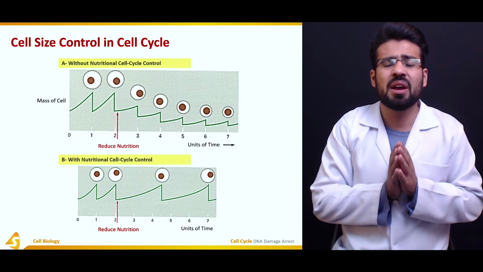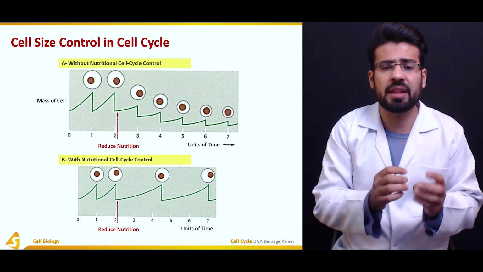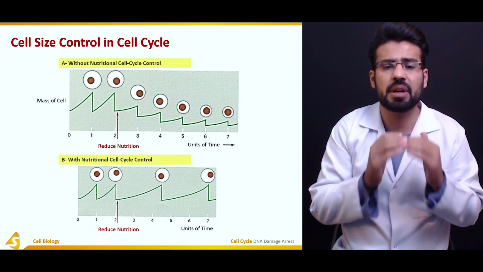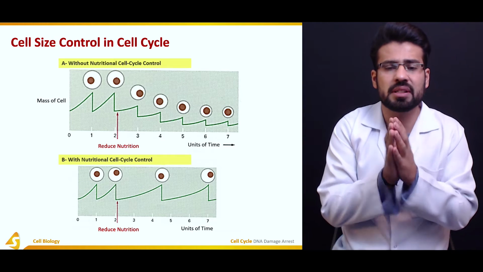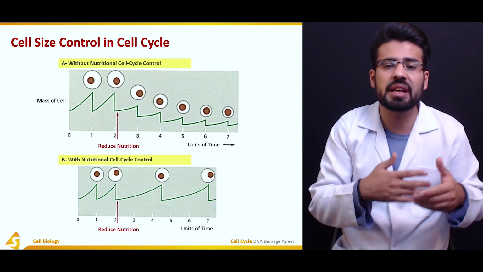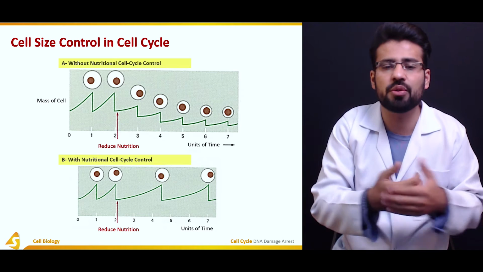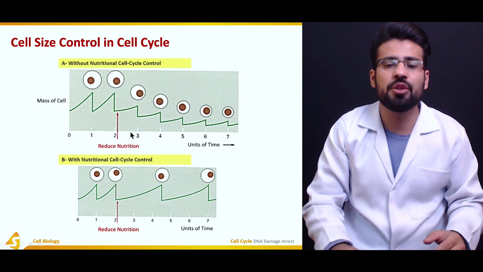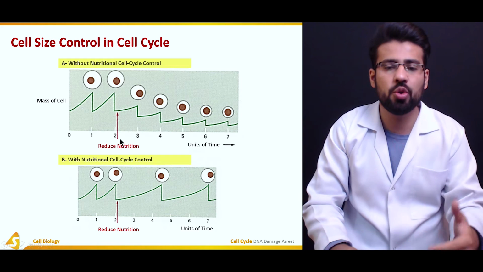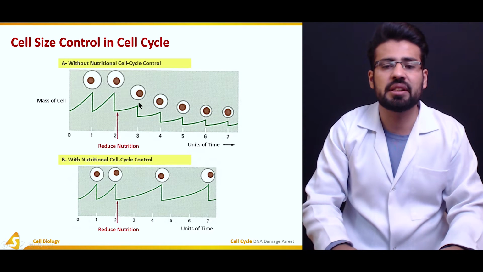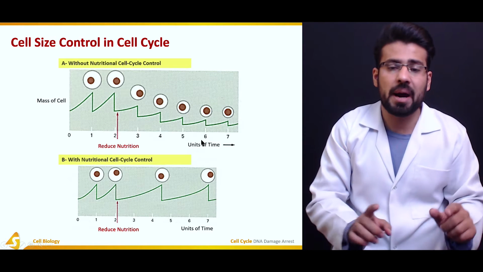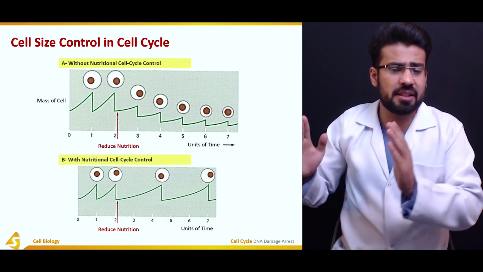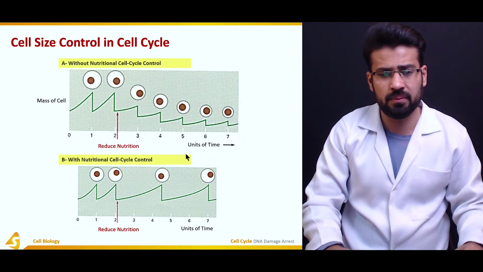What happens when there is a low amount of nutrition available to attain a particular cell size? With the passage of time, as the nutrition is reduced, there is a reduction in the cell size, as you can see here, but the time taken by the cell to complete its cell cycle remains the same.